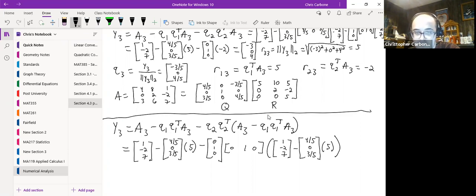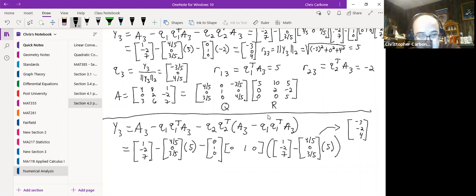Let me do that math here. 1 minus 4/5 times 5 would give us a value of negative 3. Negative 2 minus 0 times 5 gives us a value of negative 2. And then 7 minus 3/5 times 5 would give us a value of 4.